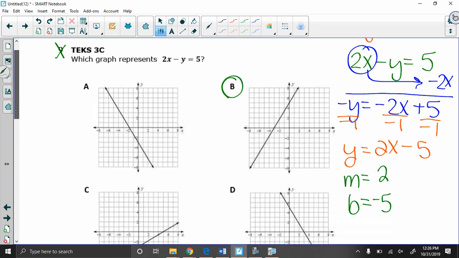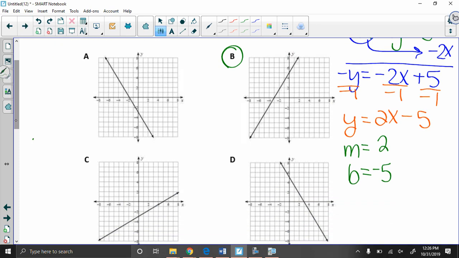So automatically, based on my slope, which is positive, I can get rid of D and A. All right, and if you look at C, our y-intercept is at -3. So it can't be C either.